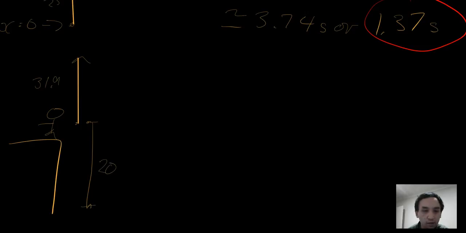So in other words, initially, the height above the sea, remember that this over here is the sea, is actually the sum of these two, which is 31.9 plus 20. So the situation we're analyzing is how long it takes to get from this point all the way down to the sea level.